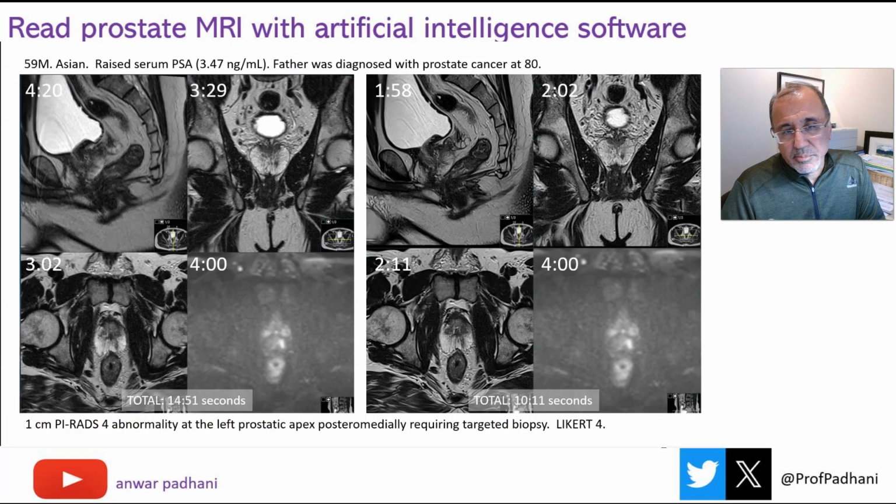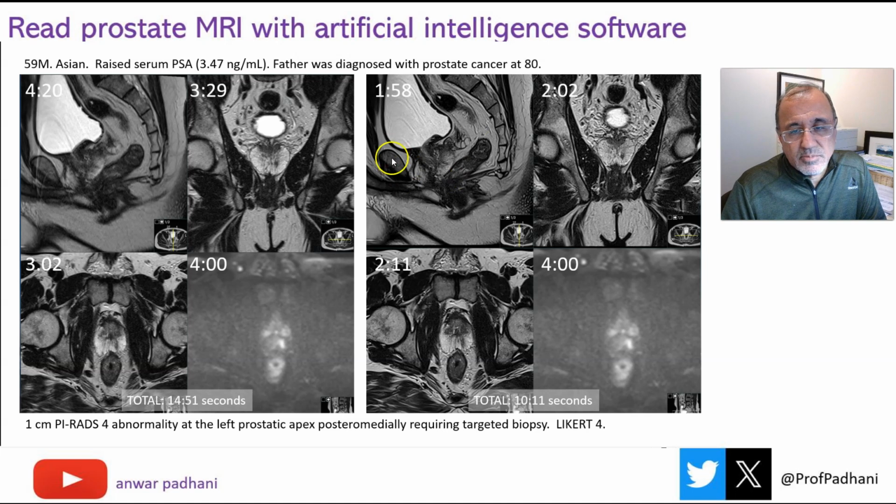So here's an example of this in an actual examination using the biparametric MRI sequences, and you can see on the sagittal sequence top left a 4 minute 20 second image which is blurred by the presence of artifact.